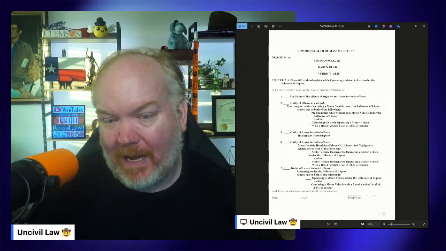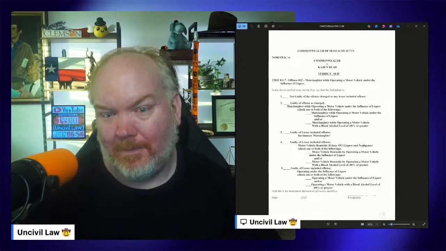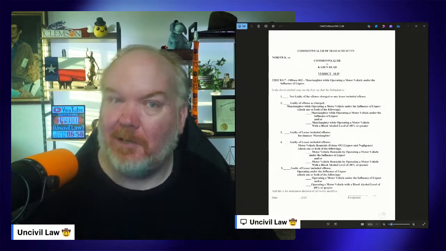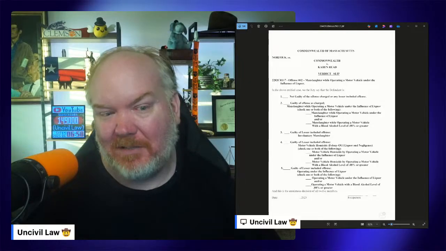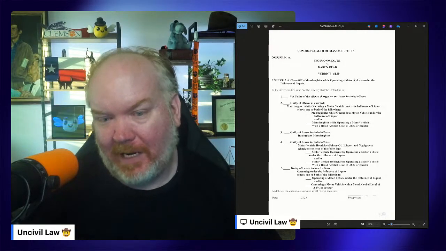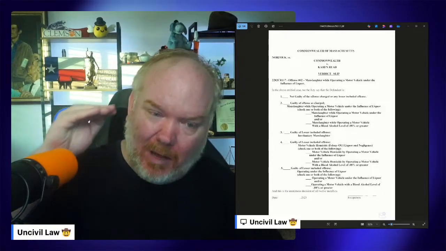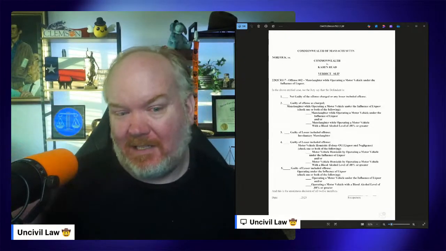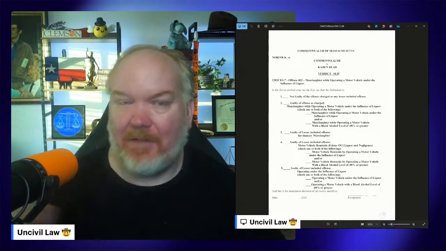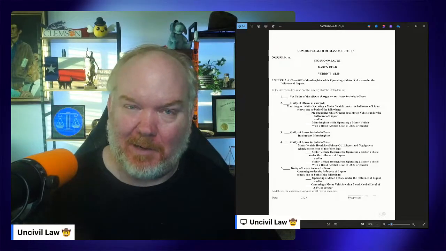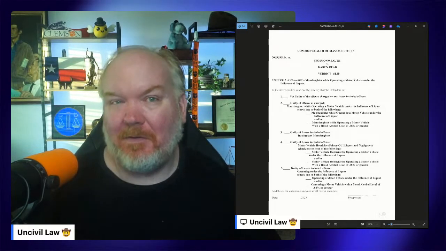So one of these 5 options, not guilty or one of the 4 guilty options, you get to pick. And what makes them all count 2 is that they're all lesser includeds. And what makes them lesser includeds is that every step down is all the elements above minus something, plus nothing else. Okay, so I'm going to try to explain this in a couple different ways.